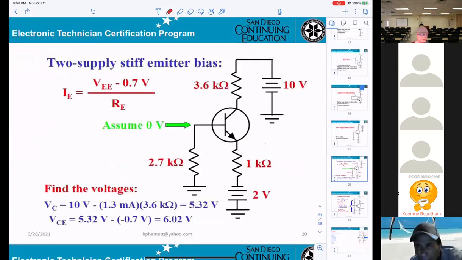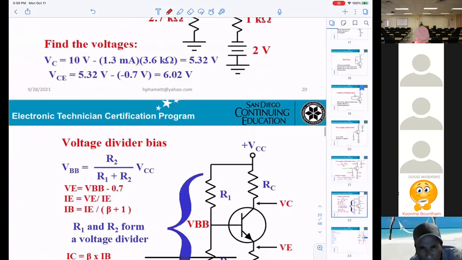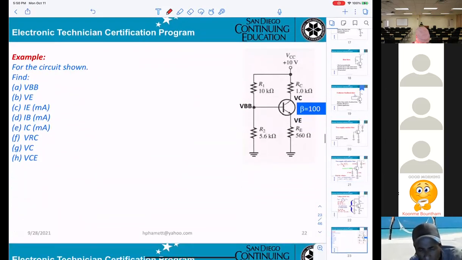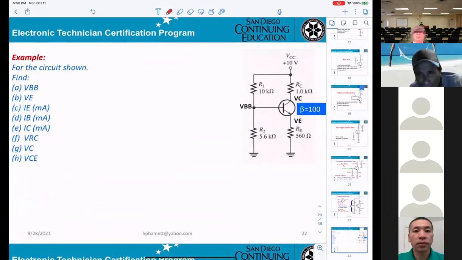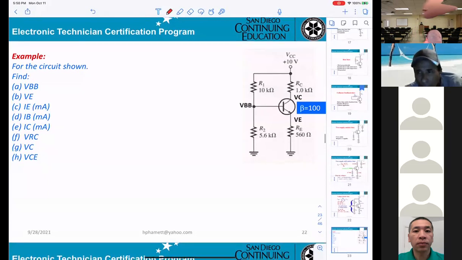How come I still get that wrong? 3.6, yeah. You say 3.6. That means you take the 10 times 5.6. Okay, 3.6, right? I think I was wrong. It's slightly bigger than a third of the voltage, so it's 3.6. Okay.